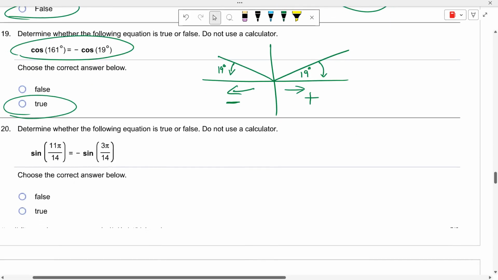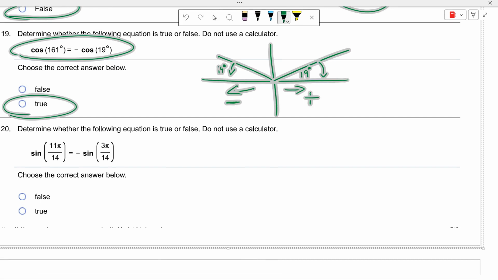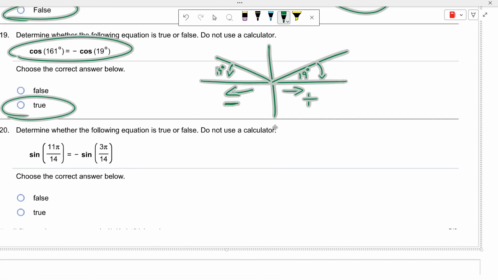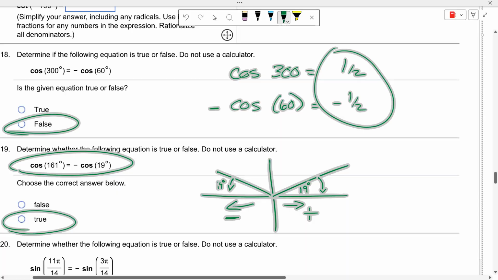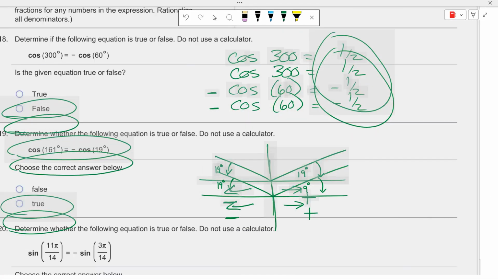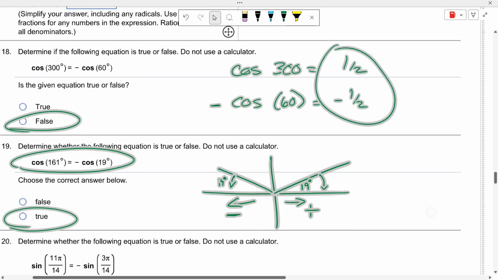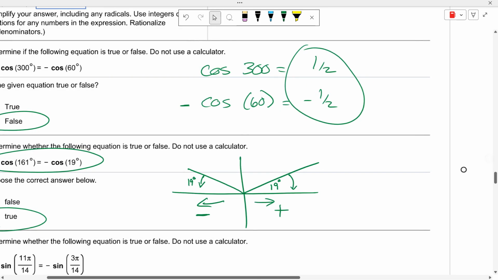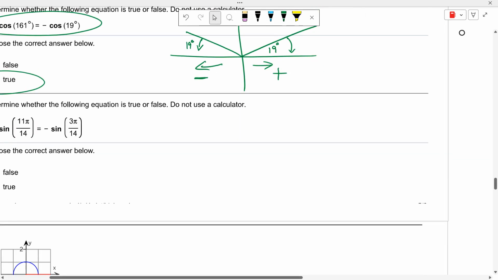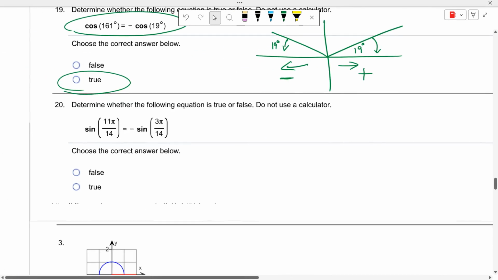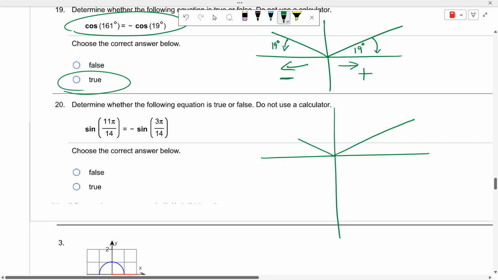This one, 3 pi over 14, 11 pi over 14. 3 pi over 14 is somewhere here. 11 pi over 14 is somewhere here.